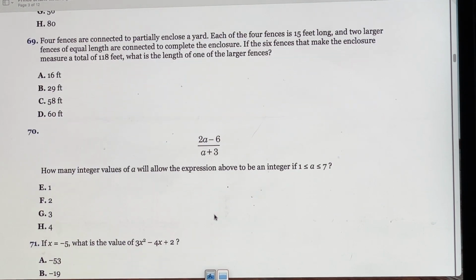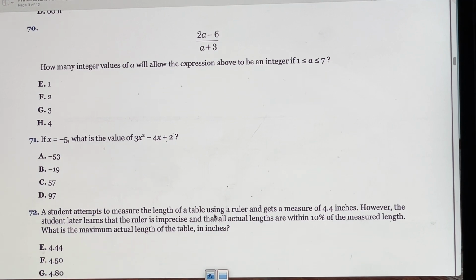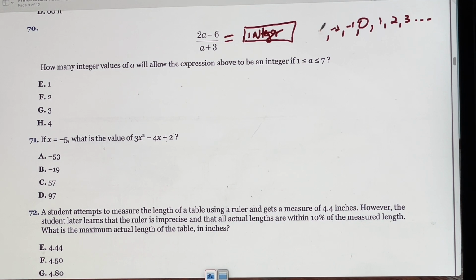No, 70 was the next one. All right, so for this, how many integer values of a will allow the expression above to be an integer? So we want our answer to be an integer. Remember what integers are: your whole numbers, and also their negative counterparts.